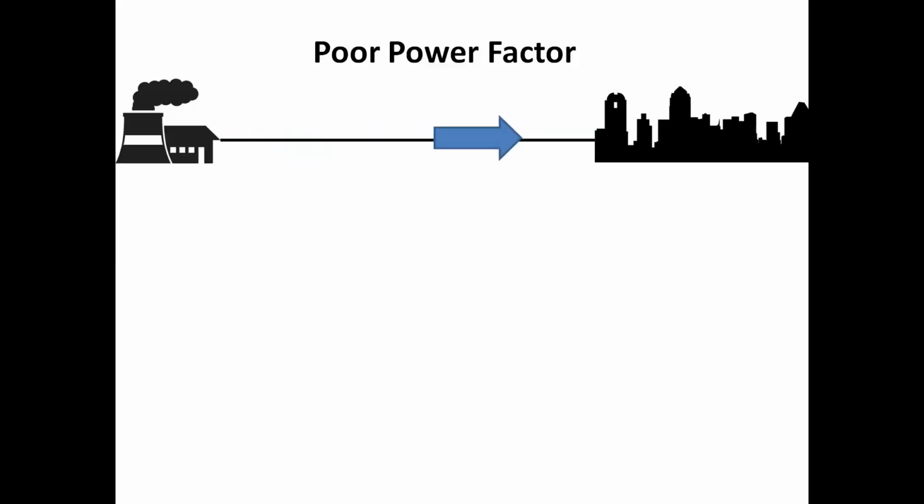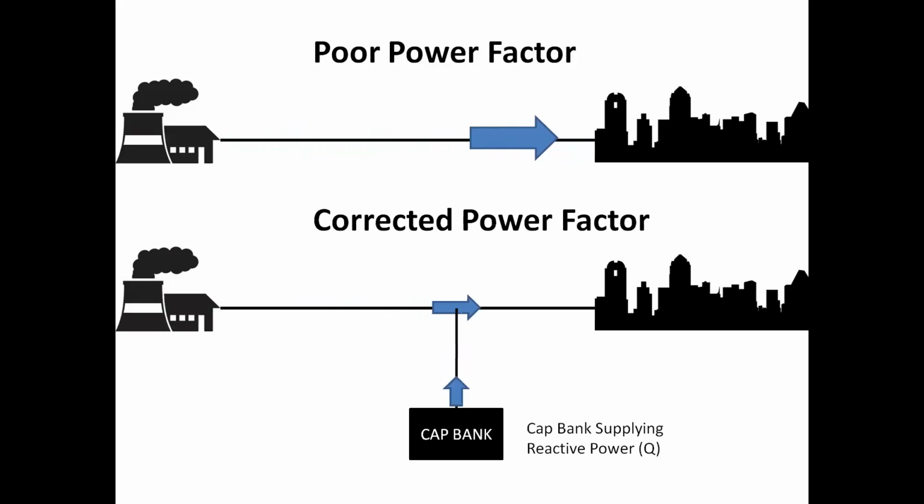So what the utility company can do is install a cap bank that's in parallel with the system, and so that cap bank is compensating the inductive load that's being seen by the system.